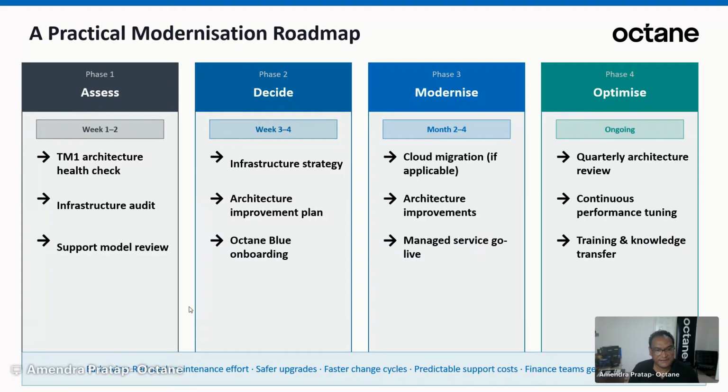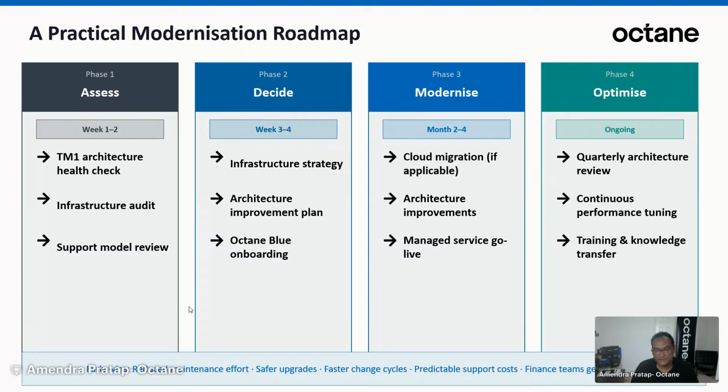In the first couple of weeks, you look at the architecture, do a health check, look at the infrastructure that you're currently sitting on, audit that, look at the cost, and also look at the support model. Then the next step would be to do the infrastructure strategy and figure out what you're doing with the infrastructure. Are you remaining on-prem? Are you going to the cloud? Are you happy with the cloud but you need to tweak the licensing?